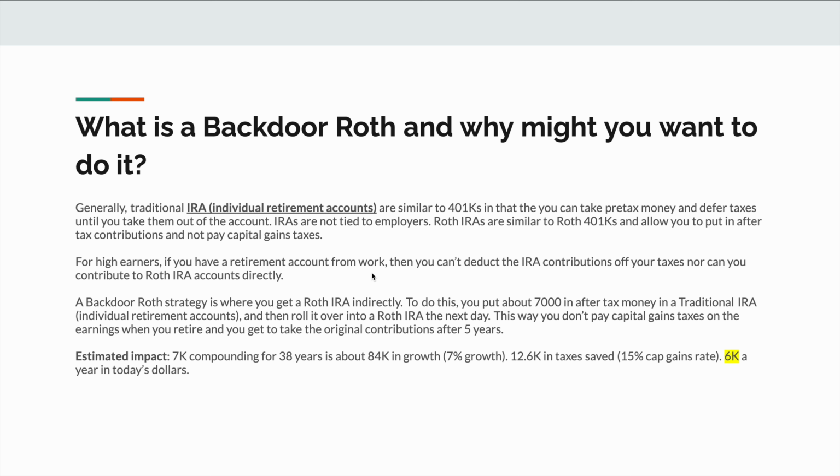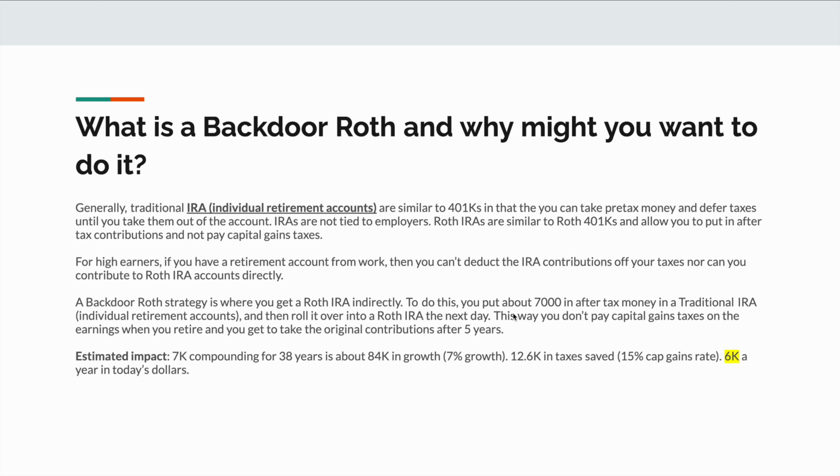And there's income limits for contributing to a Roth IRA account directly if you earn over a certain amount of money. So this backdoor Roth strategy is another way of getting a Roth IRA indirectly.